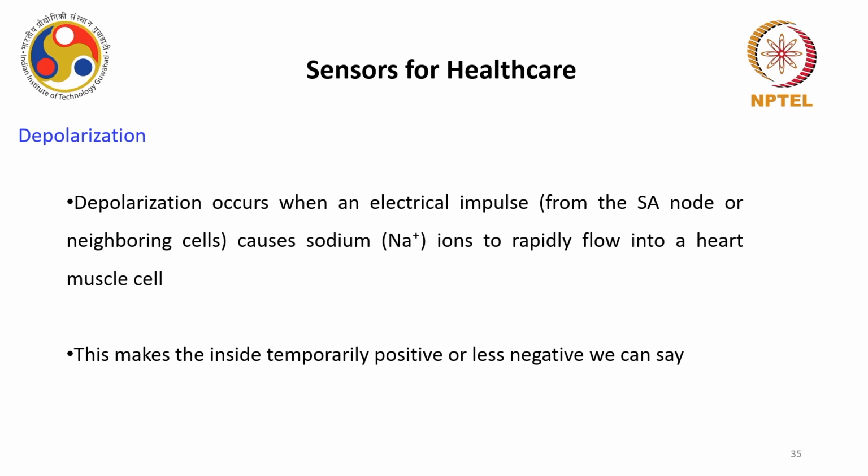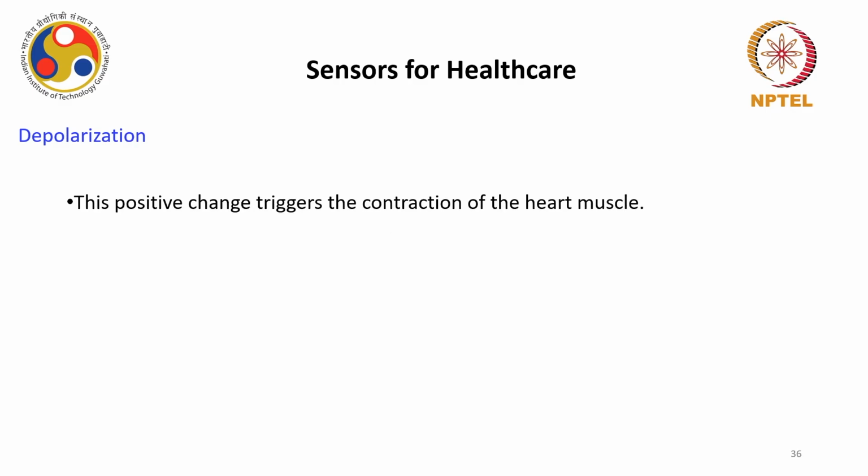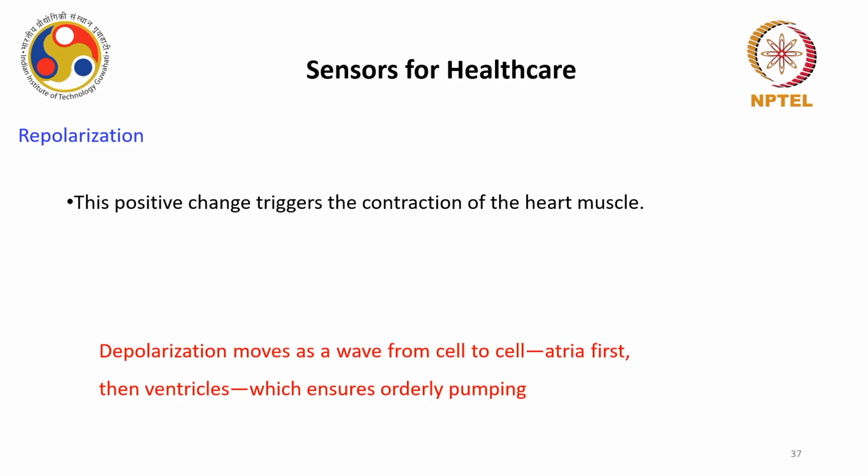This makes the inside temporarily positive, or, if we assume that inside it is already negative, we can say that it is less negative. Either way, you can understand it as making the inside more positive or less negative. This positive change triggers the contraction of the heart muscle. Depolarization moves as a wave from cell to cell, atria first, then ventricles, which ensures orderly pumping.